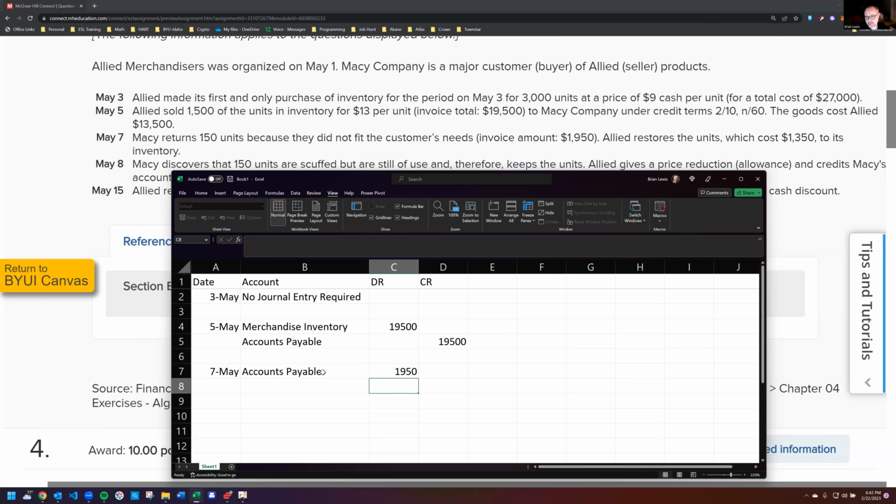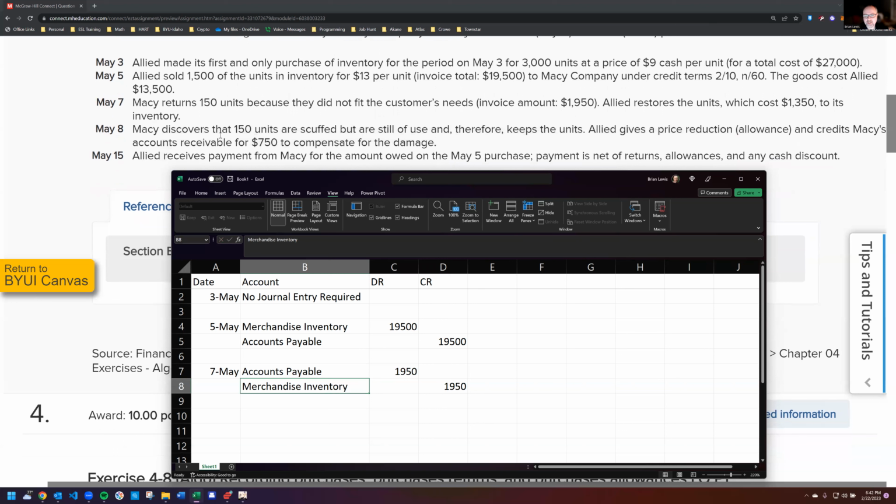Now, if we want to double check that, 150 times the $13 that they bought it at, 19,500. Perfect. And this would be from merchandise inventory because it comes back out of the inventory. Credit is a reduction, so it's taking it out of inventory and taking it out of the payable.